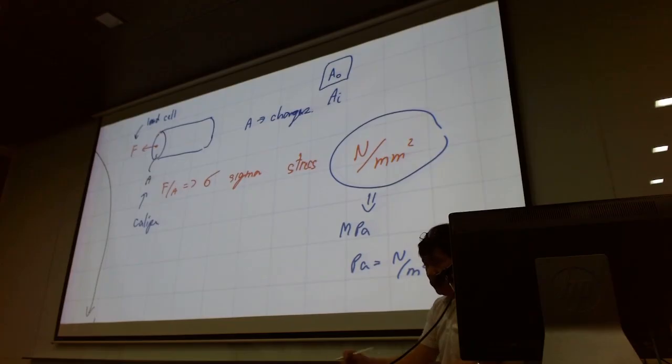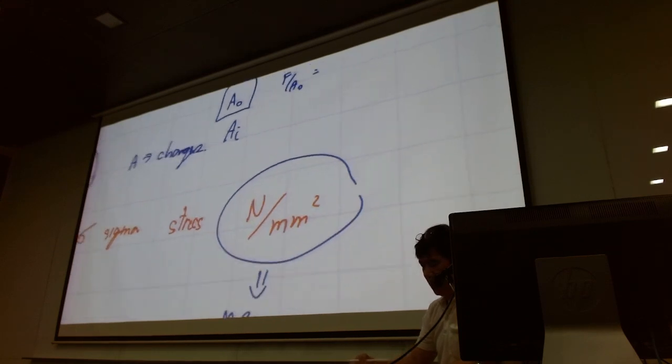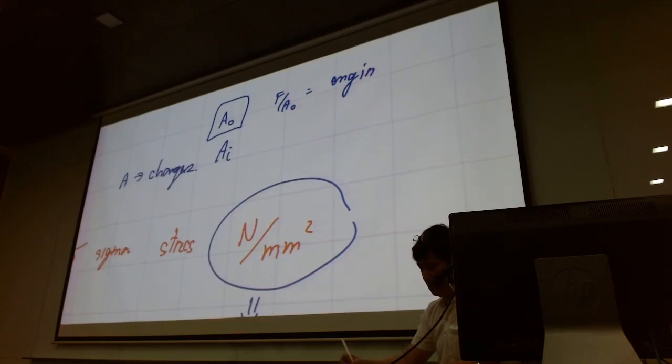And when you're using A0, so F over A0, we call it engineering stress. And if it's F over Ai, we call it true stress.